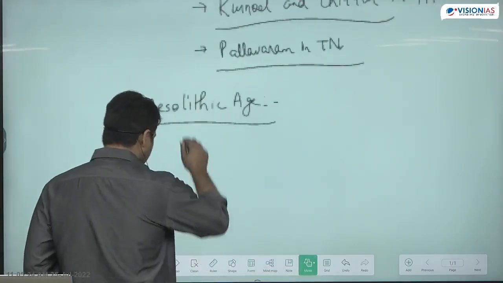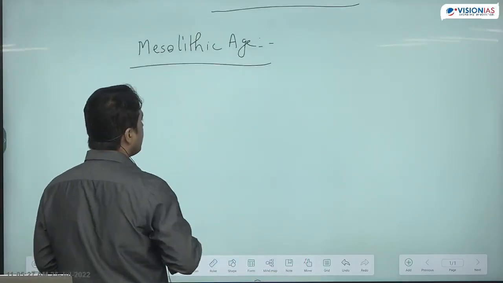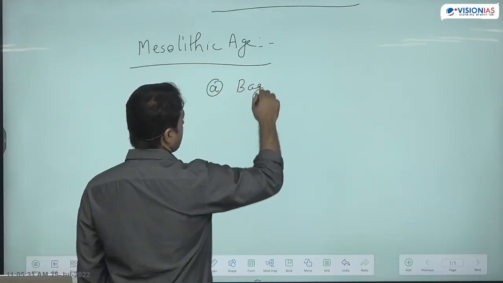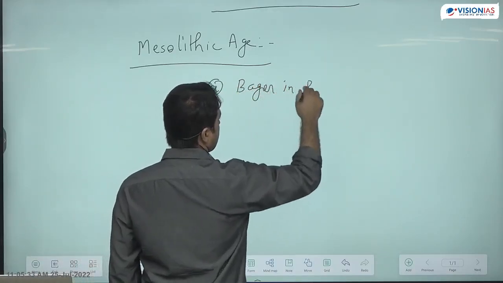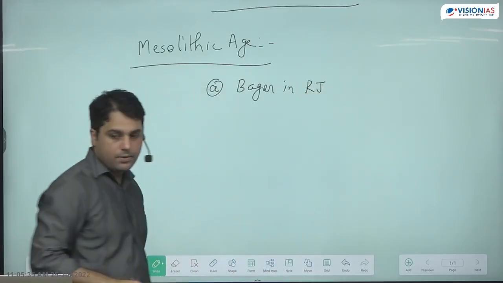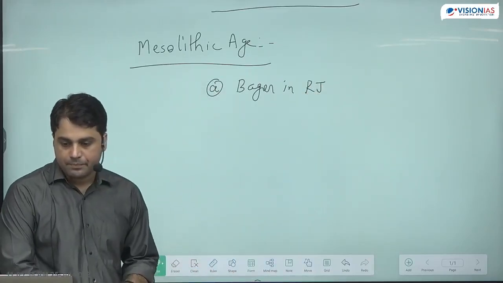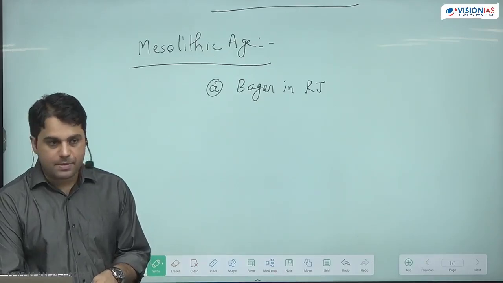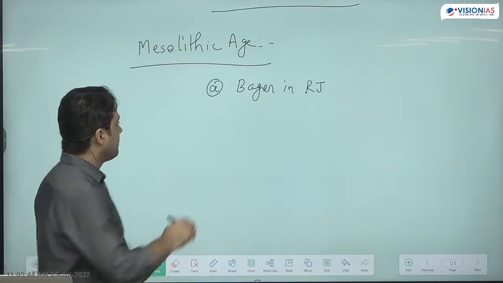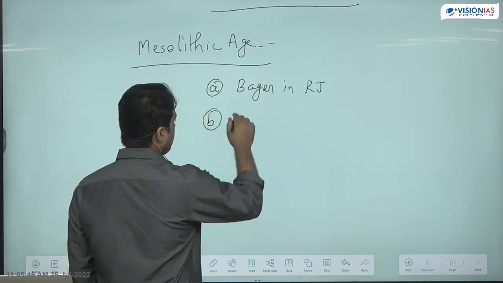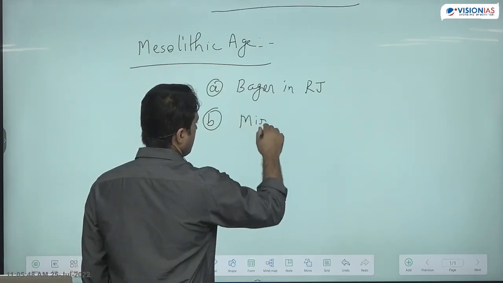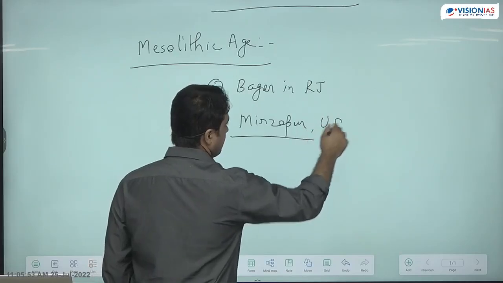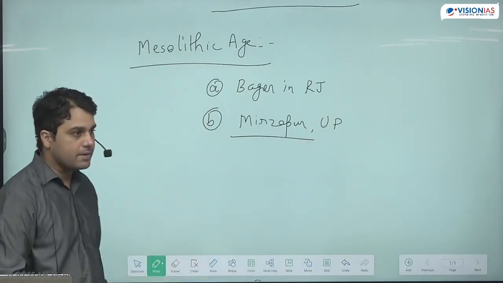One of the largest Mesolithic sites is found in Rajasthan, in Bagor, Rajasthan. Next is the rock shelters of Mirzapur in Uttar Pradesh.